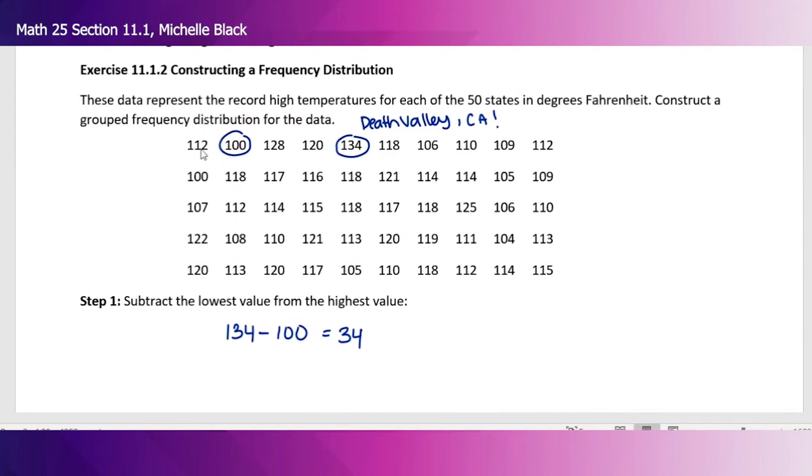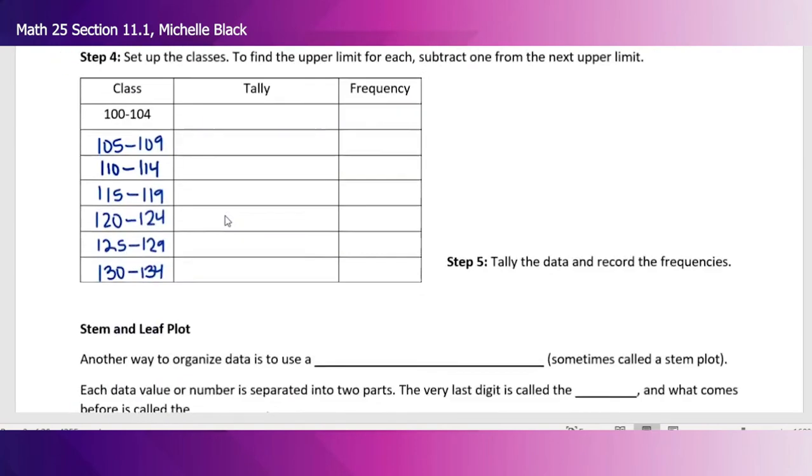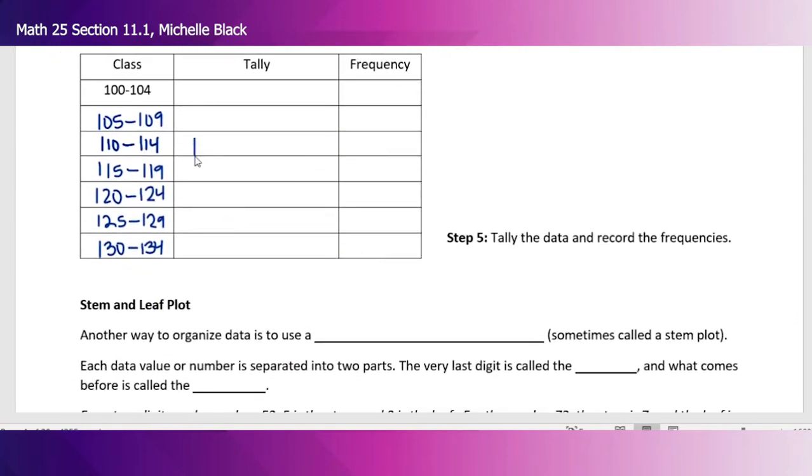I'll do the first column, 112, 100, 107. Let's look at those. So this would be 112, this would be 100, this would be 107. And if I finish that column, I had a 122 and a 120. So go through and tally for every column through the 50 pieces of data, and then come back and check your work.